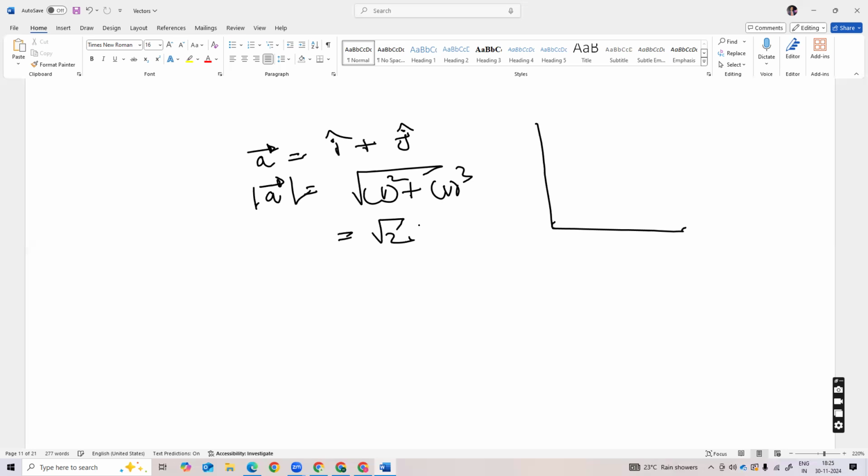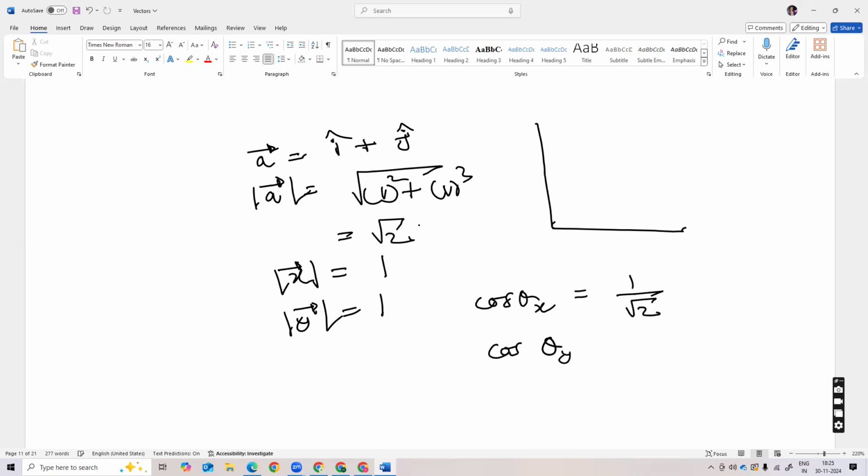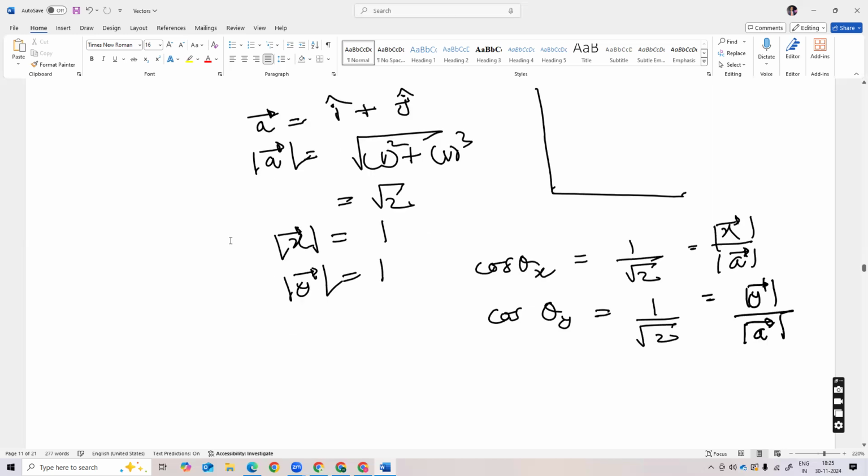The magnitude of the x component is 1, and the magnitude of the y component is also 1. So the direction cosine cos theta x along the x-axis will be 1 upon root 2. Similarly, cos theta y will also be 1 upon root 2, because this is x upon a, and this is y upon a. So this is how we can find direction cosines.